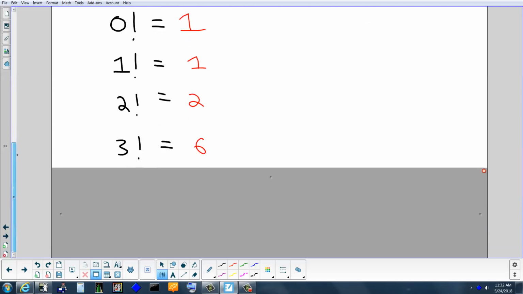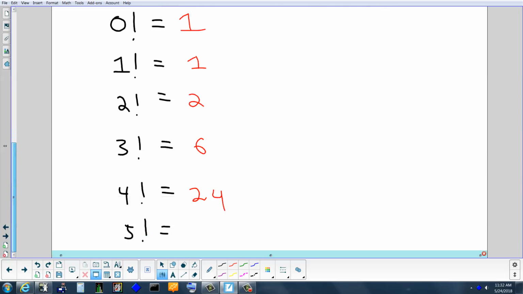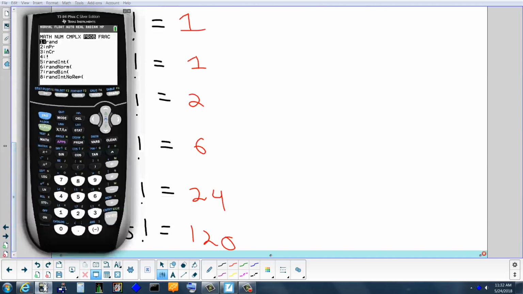It's getting bigger, but it's actually getting bigger very fast. By the time you get to 4 factorial, 4 times 3 is 12, times 2 is 24. And by the time you get to 5 factorial, that's 120. In fact, even if you type in a number like 65 factorial.